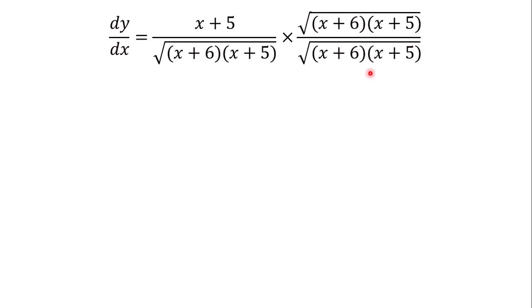This times this one will give us this one squared, and the square root squared will give us x plus 6 times x plus 5. And this times this one will just give us this times this one. Don't open the bracket or multiply this by the whole of this.